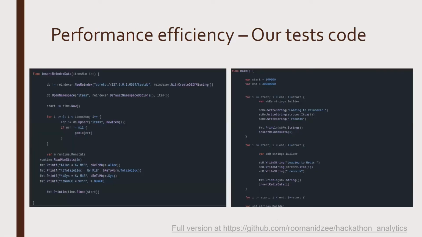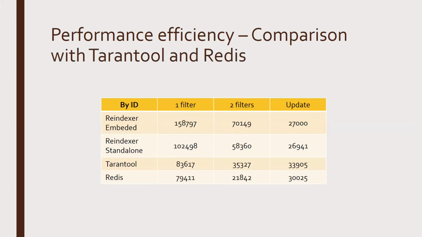We wrote some stress tests that showed us that the reindex is okay. That's all. It's okay for our stress test. Next slide, please. We also wrote a stress test to compare Reindexer with Tarantool and Redis, and some values on these slides we use from our benchmark.